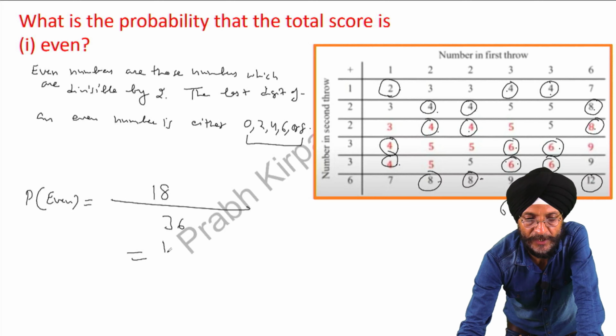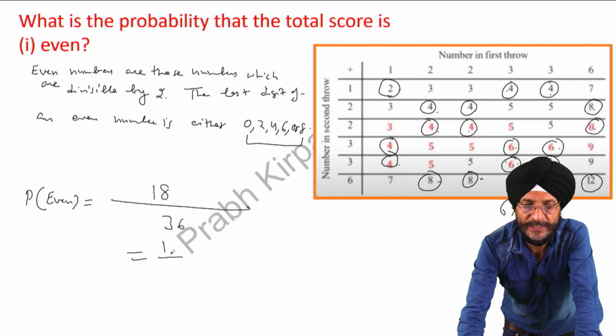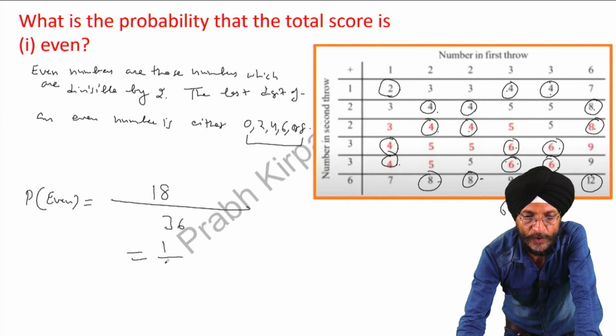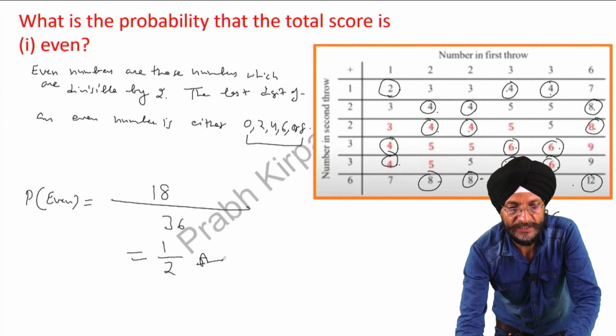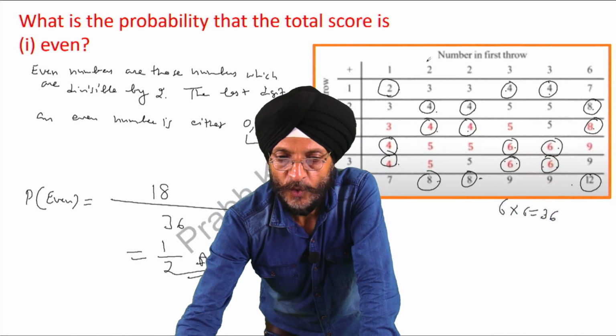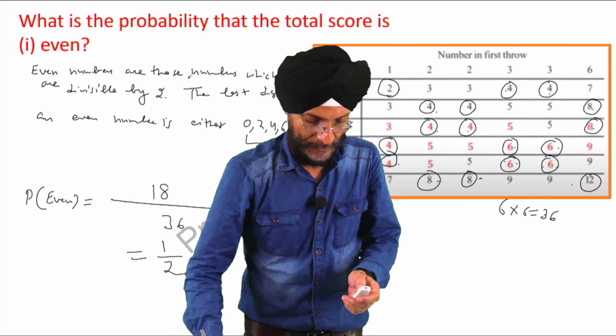So here the probability that the total score is even is 1 over 2. This is the answer, that out of the 2 throws, the total score is even.